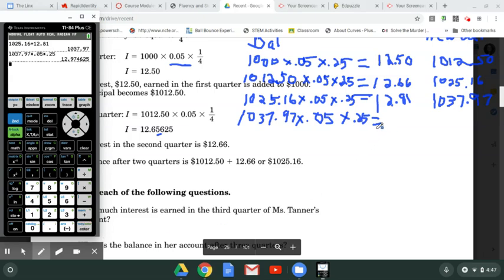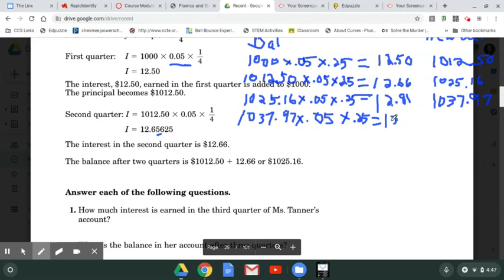And we get 12.97. We're not going to round it up because you don't round up before. So you get 12.97 is the interest during the fourth quarter. So when we add that interest, you would go ahead and add that interest to here, and you get... okay.